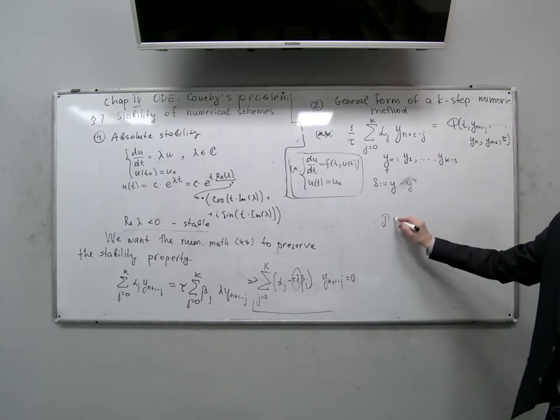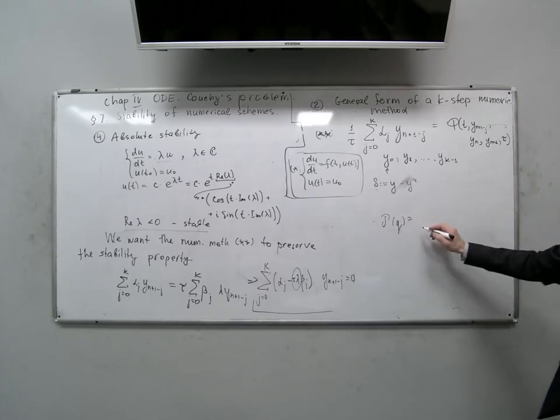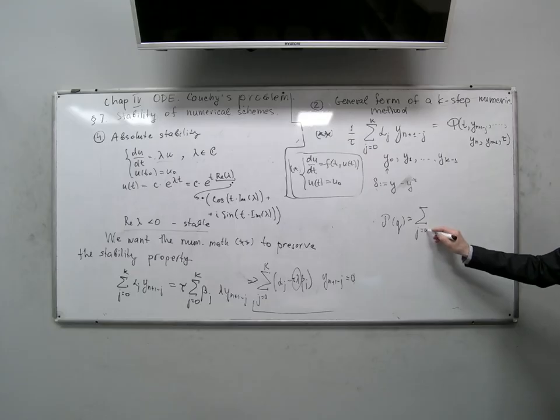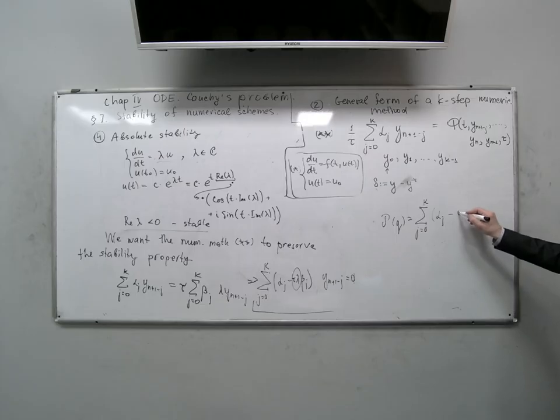P of q is equal to the sum over j from 0 to k of alpha j minus tau lambda beta j, multiplied by q to the power of n plus 1 minus j.